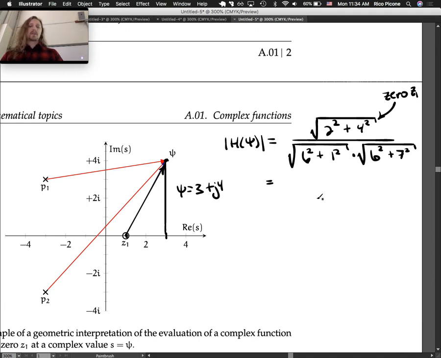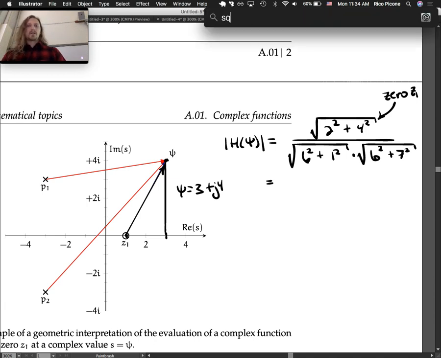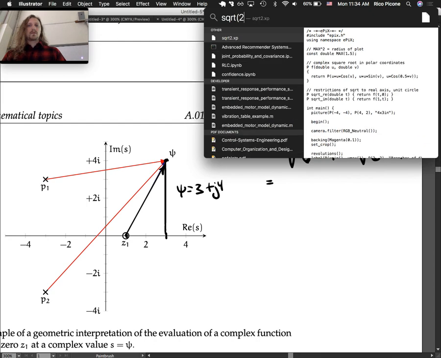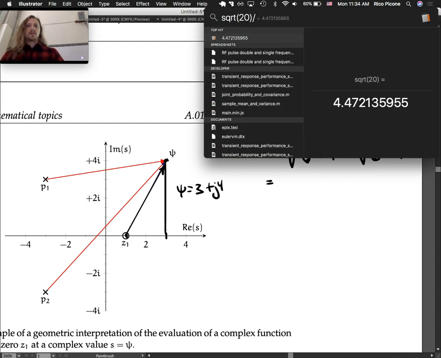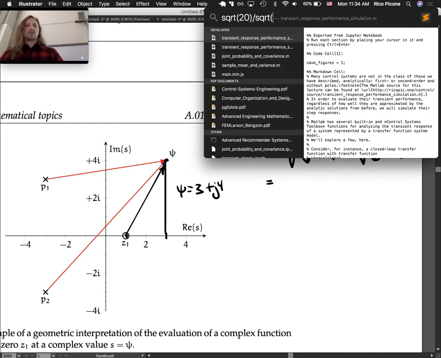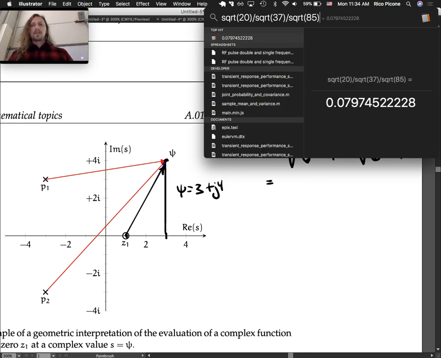This is going to be a mess, right? So square root of 20 divided by square root of 37, divided by the square root of 85. I'll just use that.